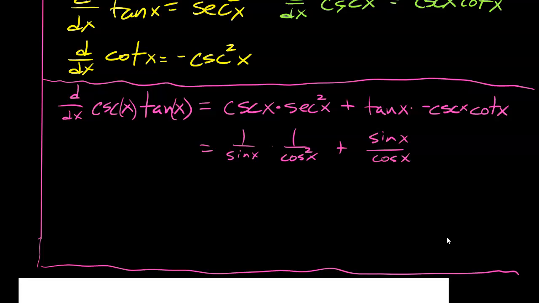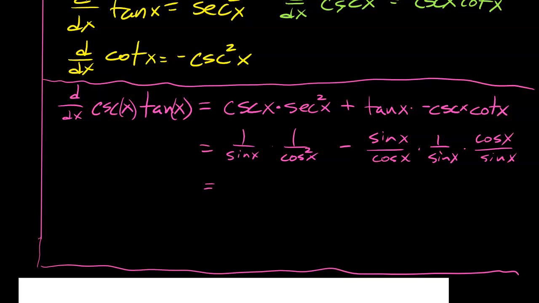The negative, I'll actually change the plus sign to a minus sign. And then that way, I don't have to worry about the negative. Cosecant is 1 over sine. Cotangent is cosine over sine. So I'm basically just trying to write them all into similar terms to see how things go together.